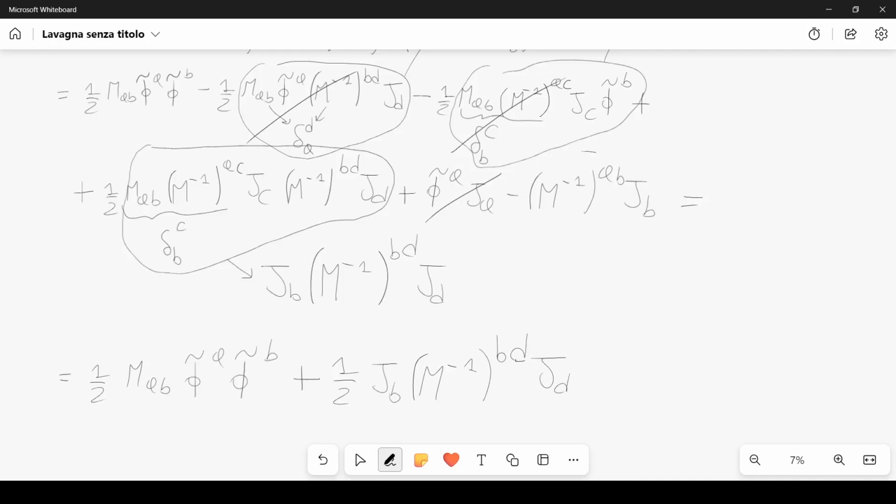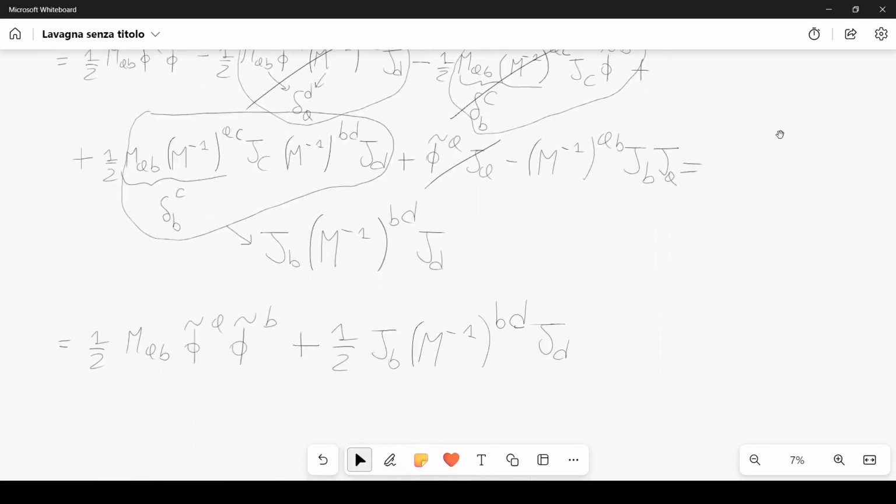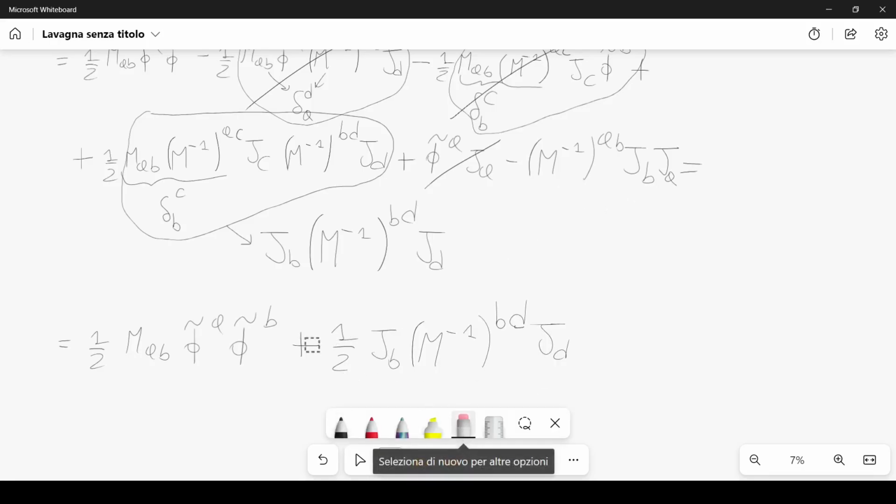And now I have realized that here I am missing one term. So here I should also put J_A, because if you check where we started, this is multiplied by J_A there. So we also have to subtract this, and therefore from this 1/2 here we have to subtract 1, because you can see that this has the same form as this, and therefore at the end of the day I will have minus 1/2 instead of plus 1/2.